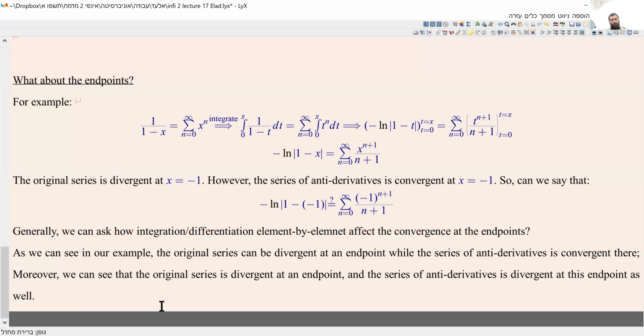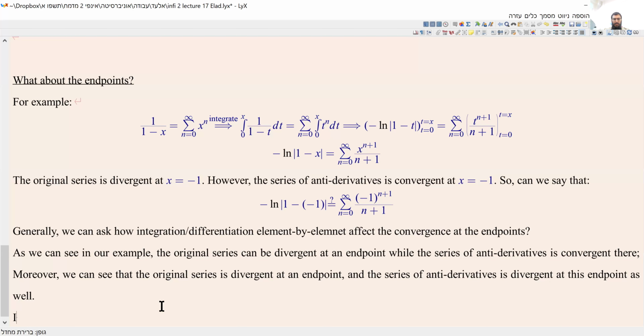What cannot happen? It is always the case, in different words.